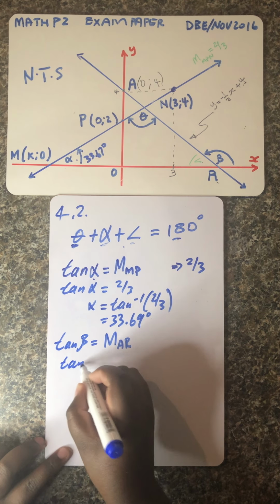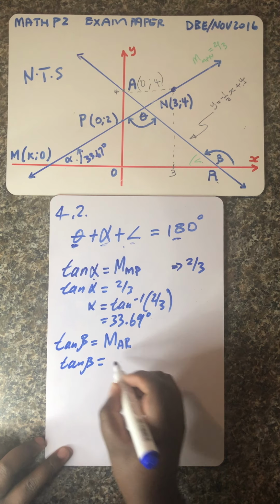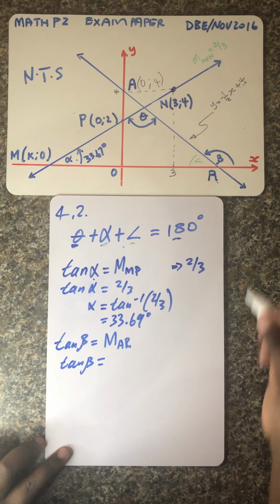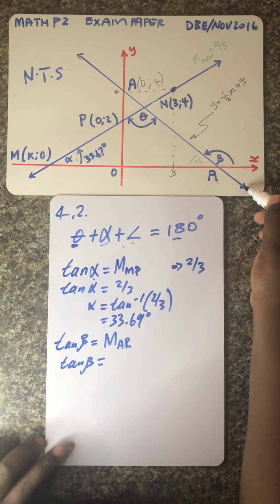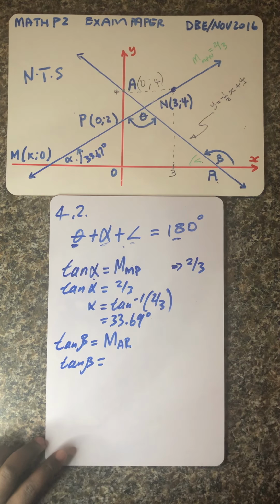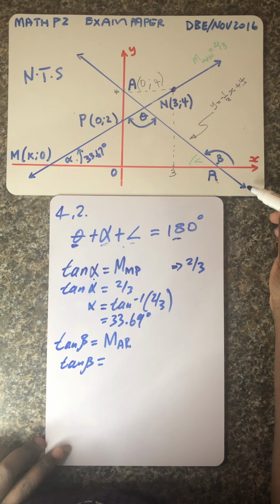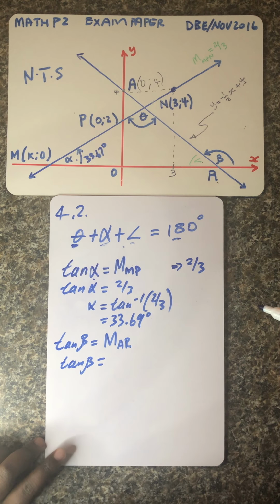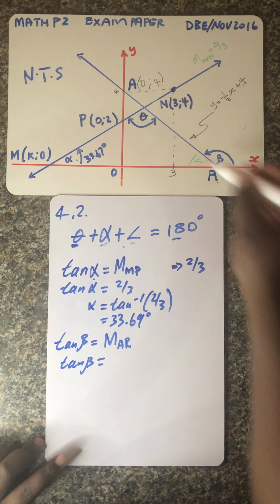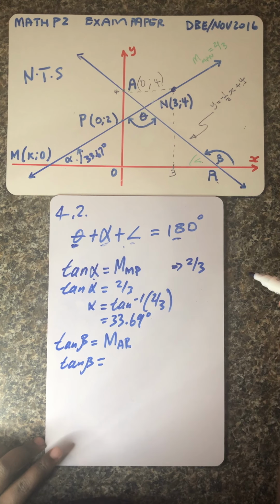We just substitute tan beta is equal to, obviously guys, I won't have to go deep into showing you where the gradient of that line is.